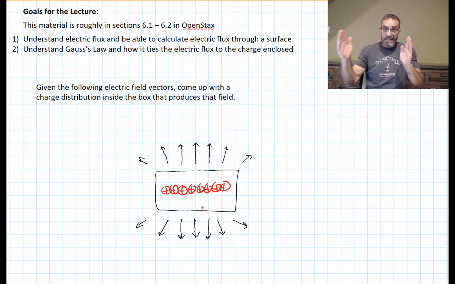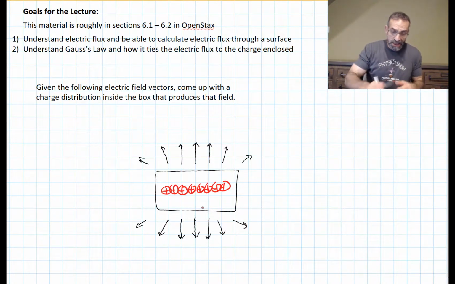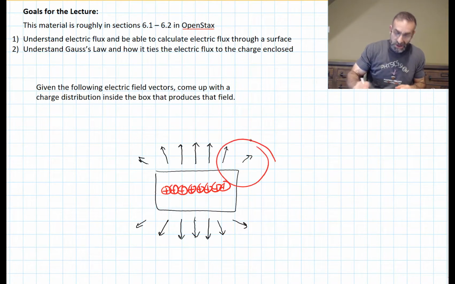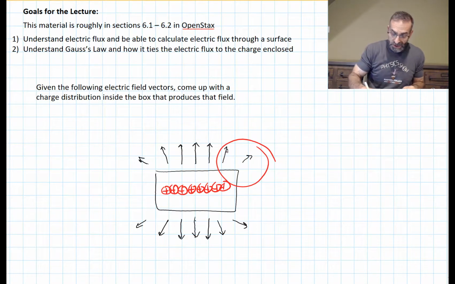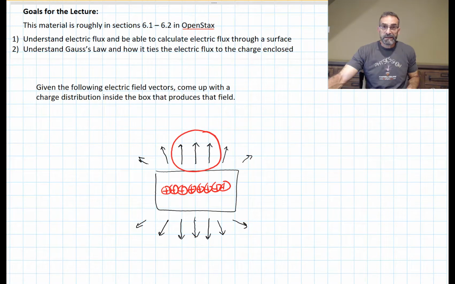As long as it has a finite length, we get these edge effects out here where the electric field starts to go in a different direction. But if we stay near the center, the electric field lines are very close to parallel.